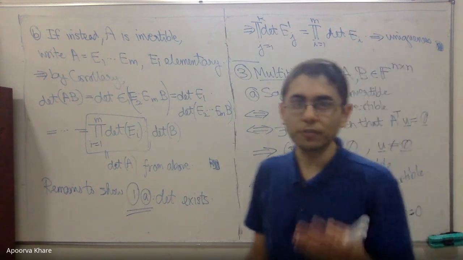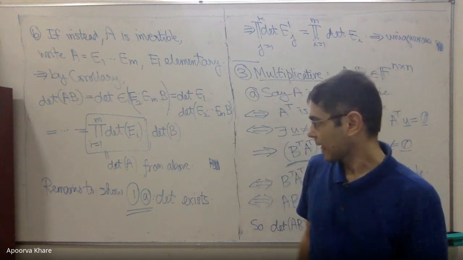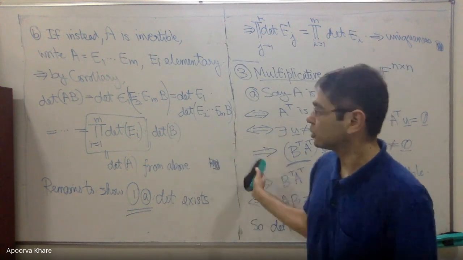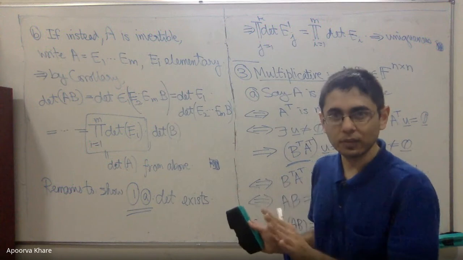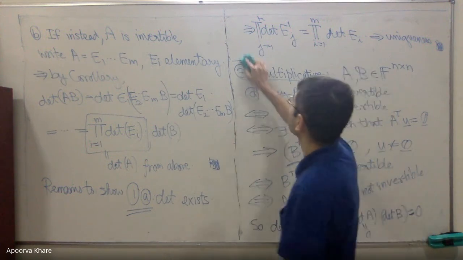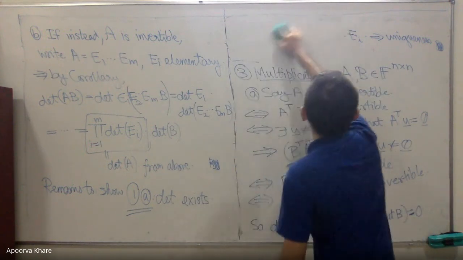So let me start you off on the determinant existence proof. I'll probably cover 2 boards and then I will stop, and then we will just resume that in the next lecture. So I will remind you of this and then resume in the next lecture.